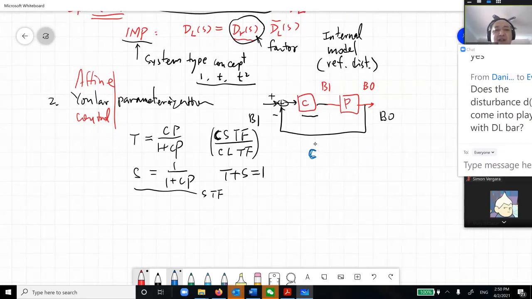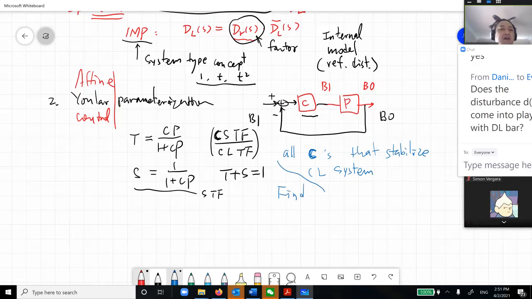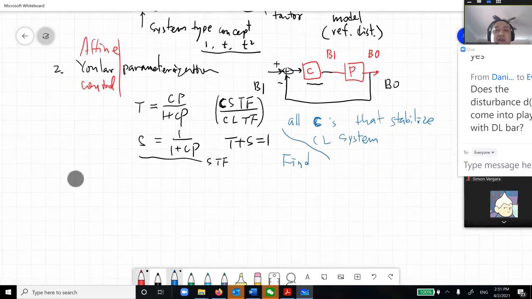But I want to find all C's that stabilize a closed loop system. So can you find all those stabilizing controllers to make the whole system stable?